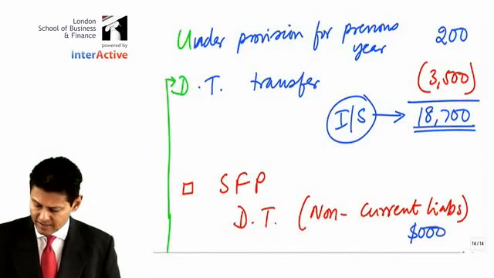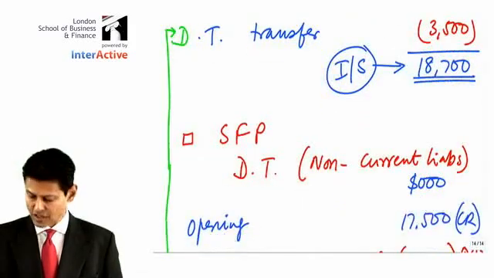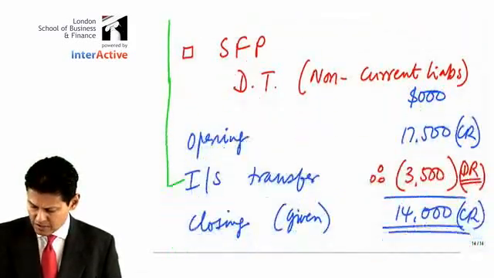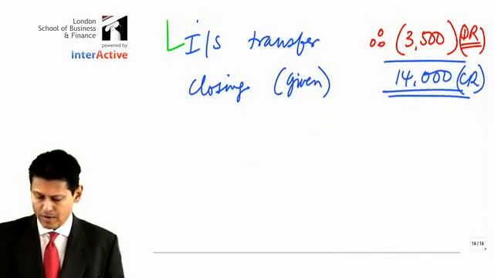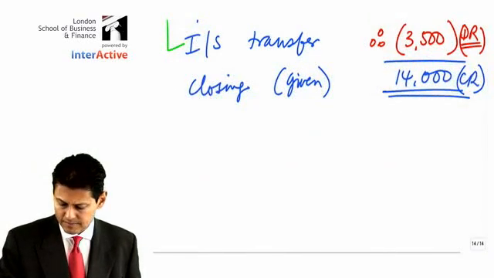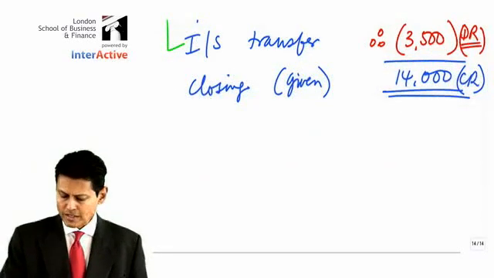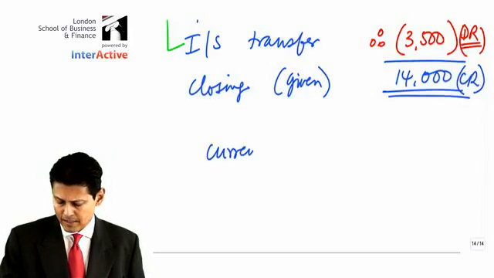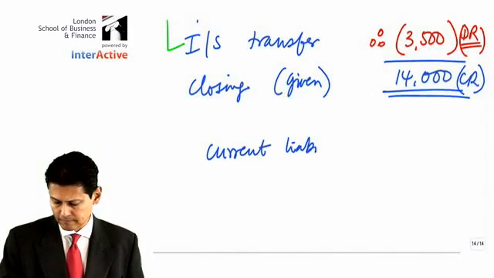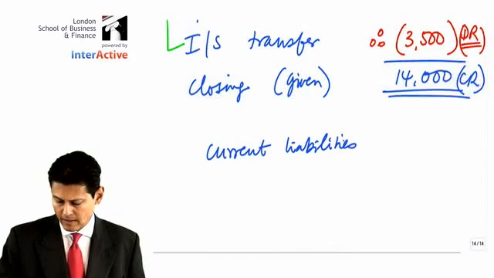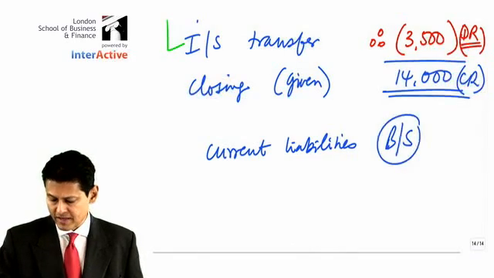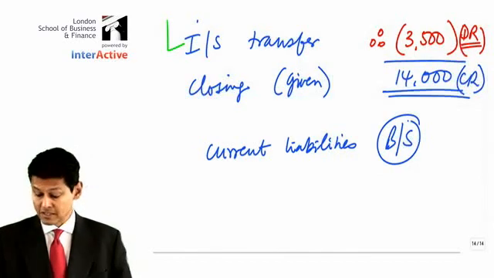One other loose end that some people struggle with, I thought I'd take a chance and explain it to you, just in case it's a problem for you. When you're doing your current liabilities in your balance sheet, remember, deferred tax is non-current, but this is current.